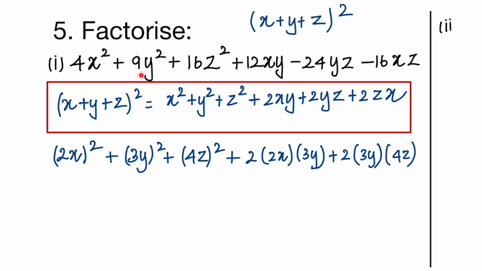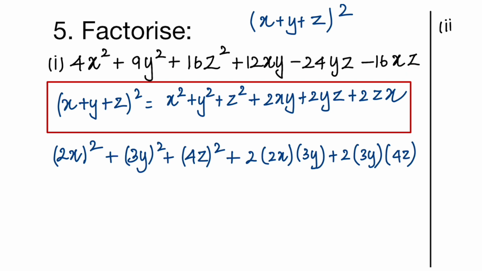But in this case, 9y squared and 16z squared, since we have squared it, the negative has gone away. But this is just a product, so the negative stays. So either y is a negative number or z is a negative number. For sure x is not a negative number. And if you can see the last term, 16xz, that also has a negative sign. So either x or z is negative.